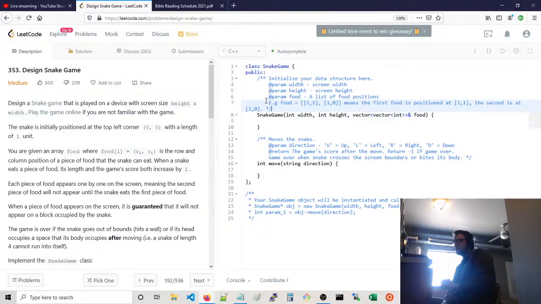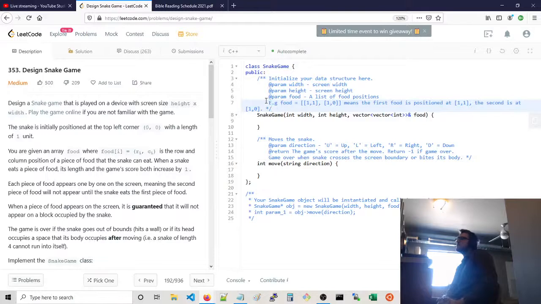So you would remove the tail, and then check if the head is in the set, and then add the head if it's not. If it's in the set, then you died. If it's not in the set, then you add the head into the set and into the queue. And the queue lets you know which ones to remove.